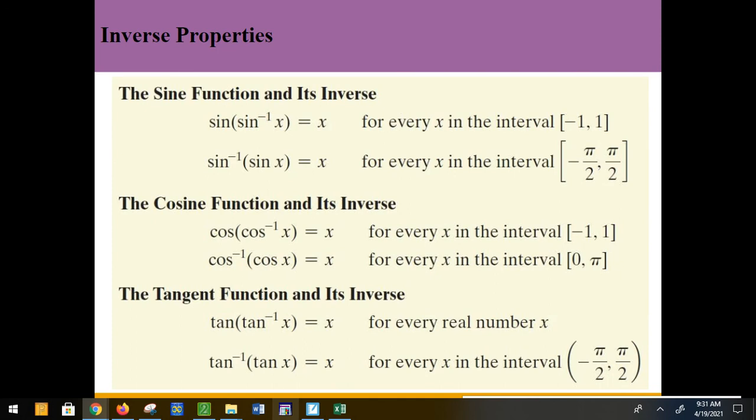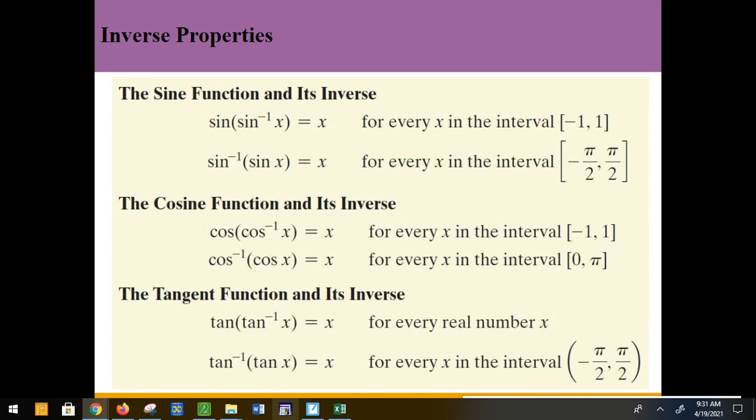All right. So just some properties. Notice now we're getting into those composition functions, right? If you take the sine of the inverse sine of something, it's going to equal that something. We saw this when we were doing composite functions with inverse functions algebraically, right?